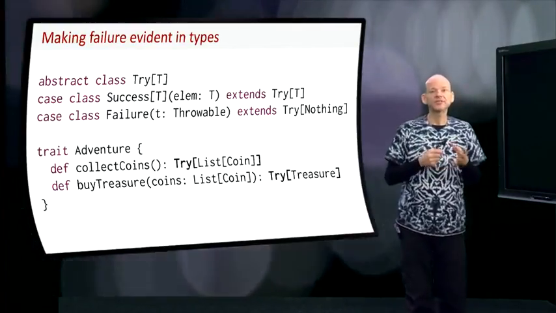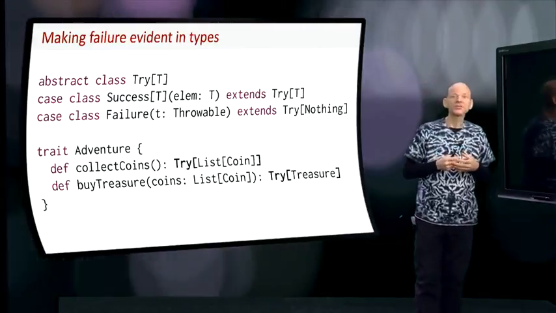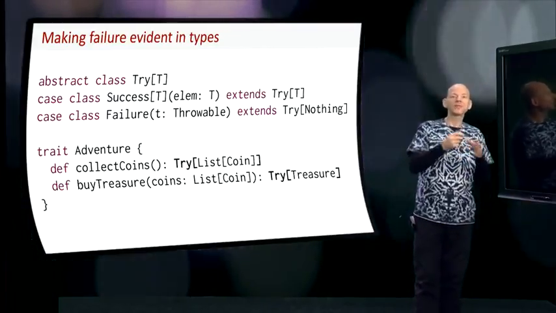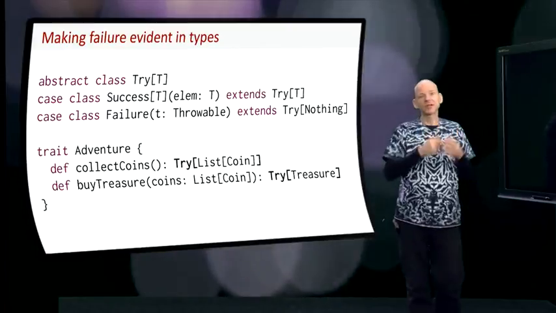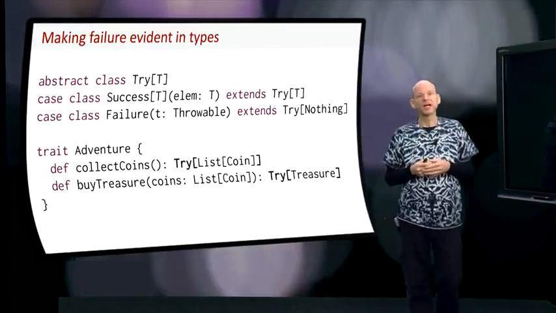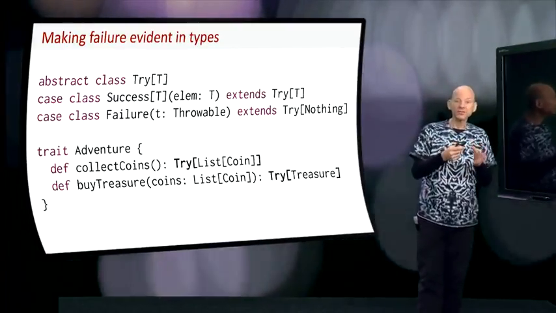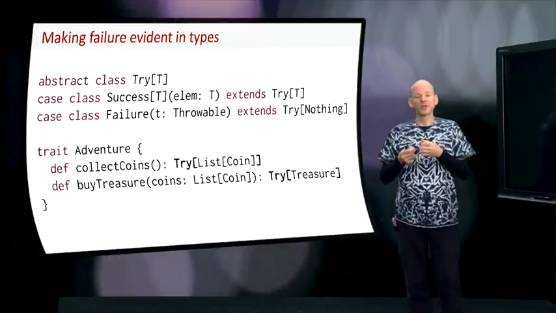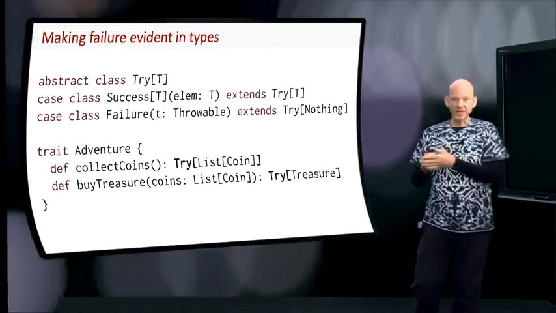When we adapt the types of our adventure game with Try, we will see now that collectCoins, instead of returning a list of coins, will return a Try of list of coins. And similarly, buyTreasure will take a list of coins still, but it will return a Try of Treasure.